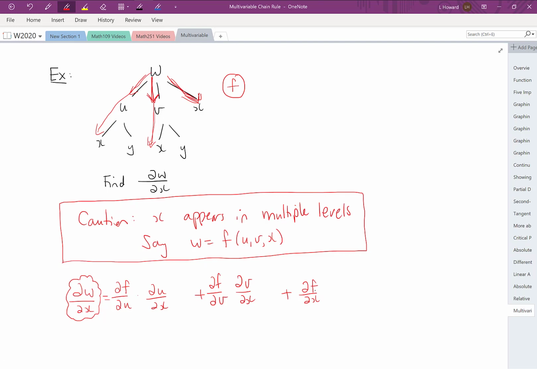So all these derivatives that we see in this expression are partial derivatives because each of our variables depends on multiple other variables. And remember that we only need to do this business of renaming our variable or reimagining it as a function when you have one of your variables appearing in multiple levels. So I would say that's sort of an exceptional case. Okay, from there, we're ready to jump into a numerical example.